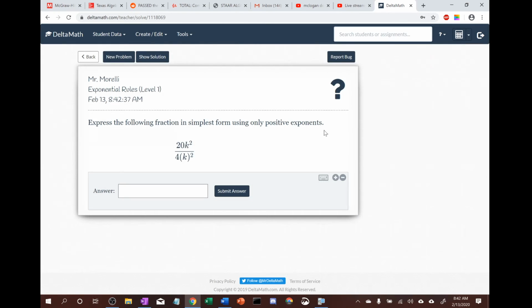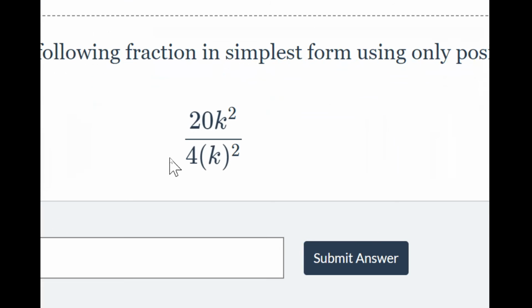So here's exponent rules. This doesn't even have anything to do with stuff we did today, but look at this. Can you guys look? It says express it in the simplest form. So look, we can simplify. What can we divide out of the top and the bottom? Yeah, we can divide a k out and a 4 out. So what's 20k squared divided by 4k?